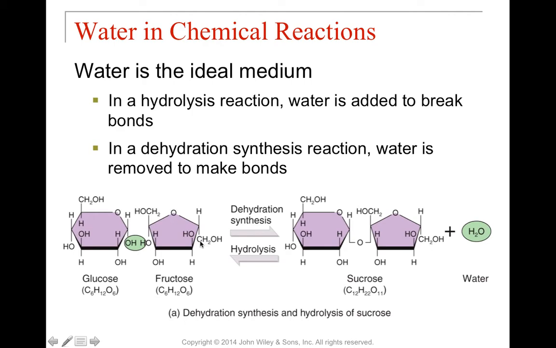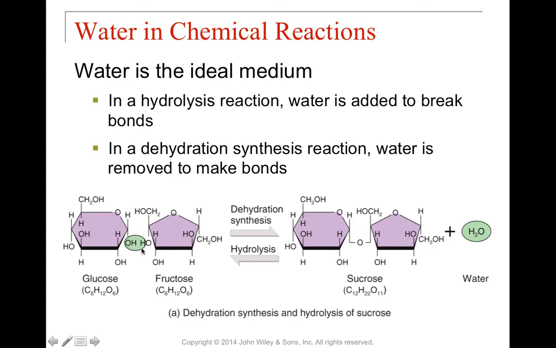Now, as I mentioned, all reactions generally in the body are going to have an equal and opposite reaction. So let's start here on the left. Here we have glucose by itself and fructose by itself, and you can see that we have an OH hanging on each.